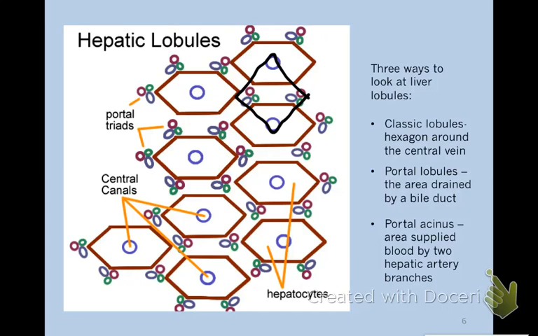One thing histologists like to do is break up this area into segments. This first segment here would be zone 1, the most oxygenated, zone 2, the moderately oxygenated, and zone 3, the least oxygenated, as blood is flowing this way and being used by the hepatocytes.